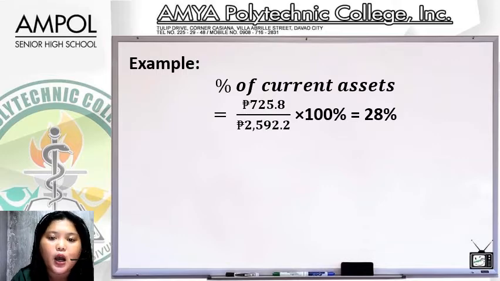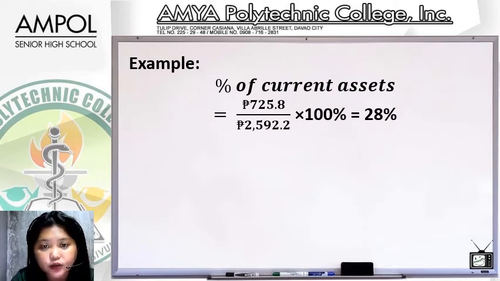Again, the formula for the percent of current assets is equal to total current assets over the total assets, or shall we say 725 is our base current year amount. So current year amount over the total assets times 100%. So that's equivalent to 28%.